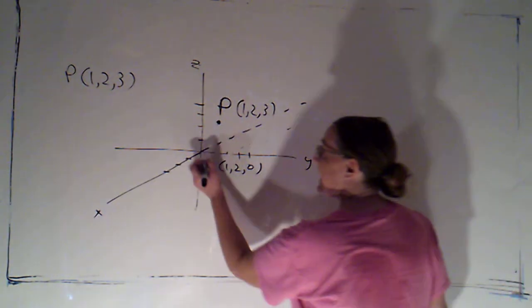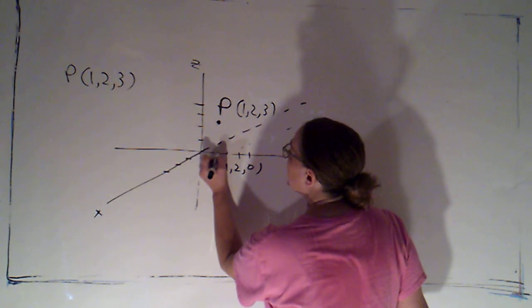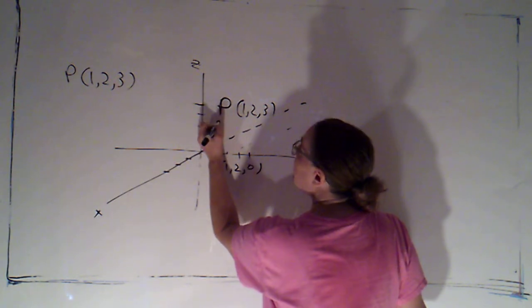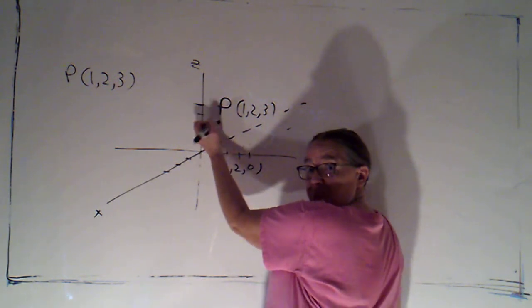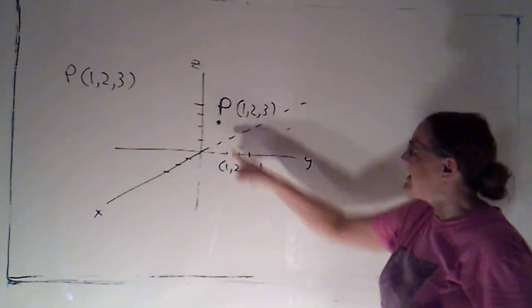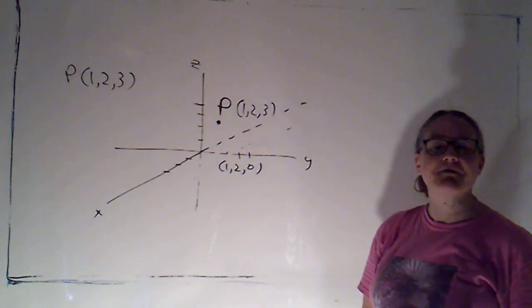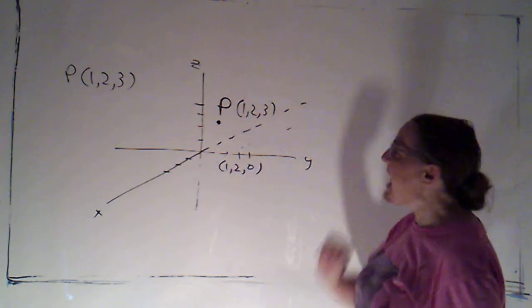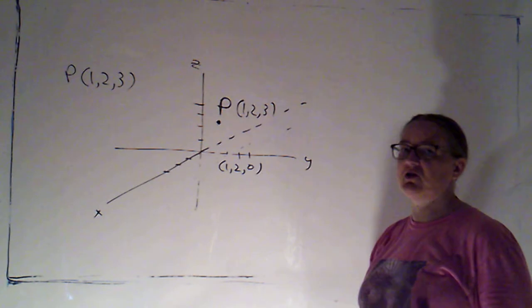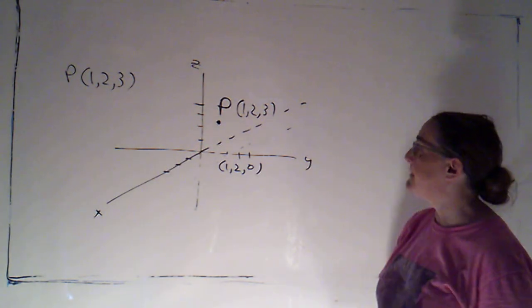For example, if I held x to be 0 and y to be maybe about 1.2 and z to be about 2.5, that's another path I could take to get, and I'd end up right there. Now in 3 space, those are obviously different points, but my representation of them on a 2-dimensional whiteboard would overlap.